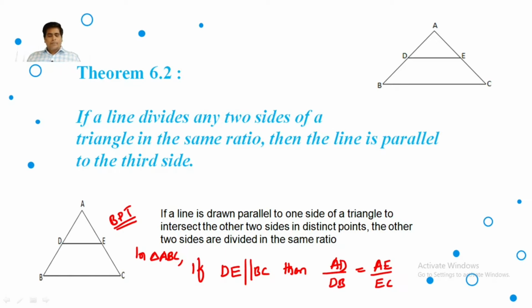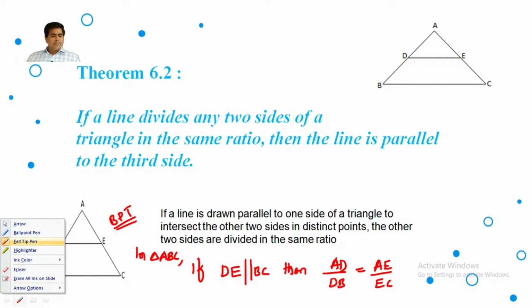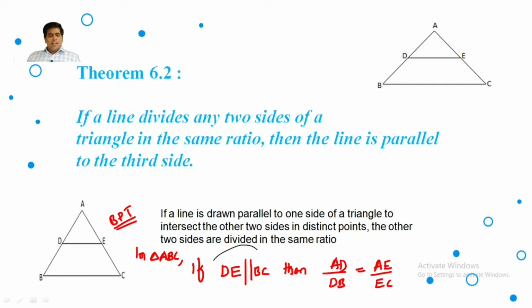The AD by DB ratio is equal to the AE by EC ratio. So how to remember this? When the line is parallel to the third side, the ratios are equal.